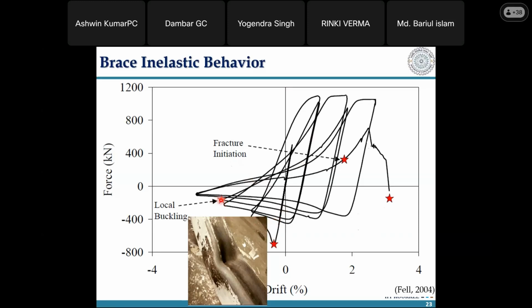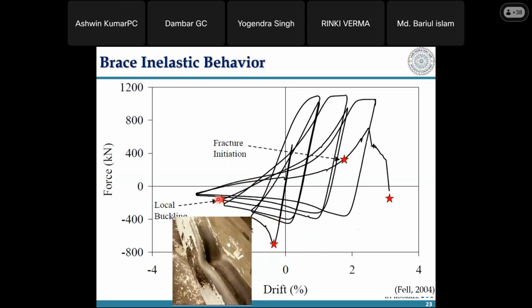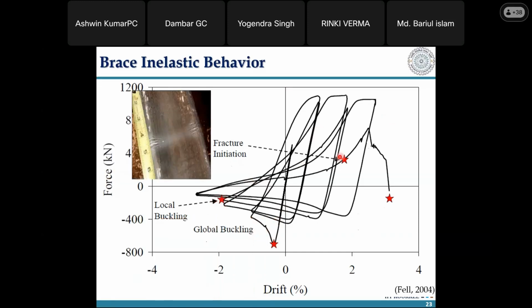But the issue is, once the local buckling occurs, the effect of global and local together makes the fracture initiation start very quickly, right? And once the fracture initiation starts, in this cycle fracture initiation started here, then the brace does not have enough life left.